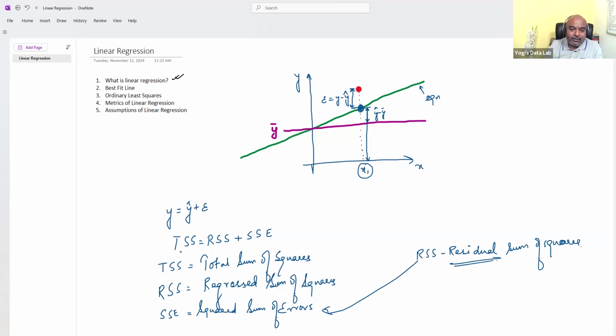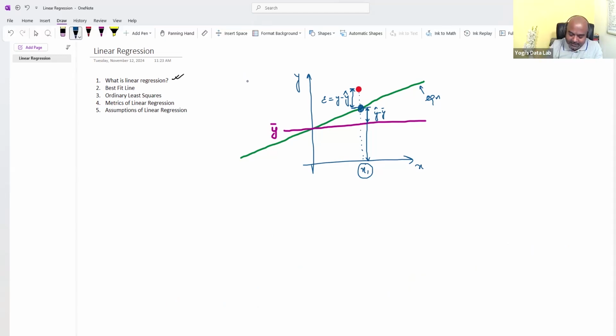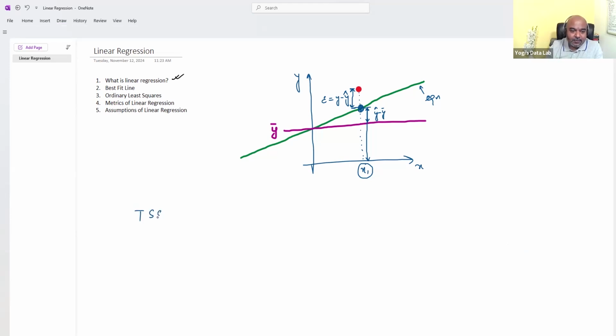Now, since we know that total sum of squares is equal to regressed sum of squares plus squared sum of errors, we can go ahead and derive a couple of metrics around this. What are they? Let's see. What we just said is TSS is equal to RSS plus SSE.